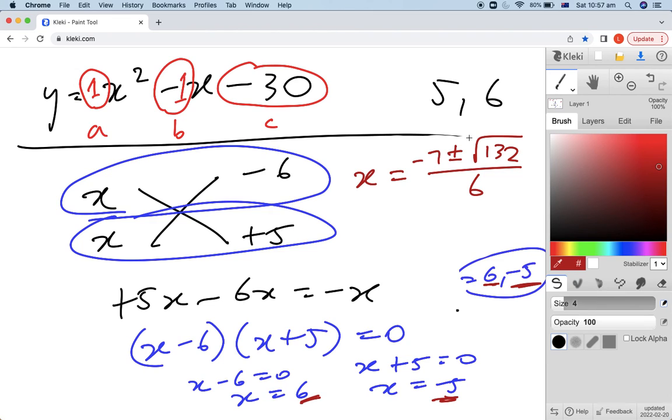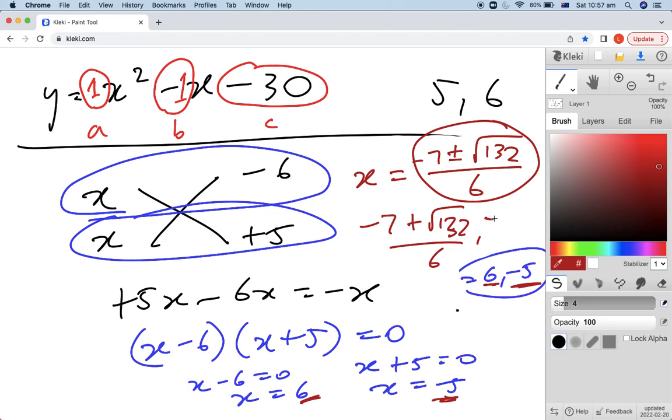I can plug it into my calculator right now and I'll get 11.48912529. So sometimes it's easiest to just leave your answer like that, and that would be a valid answer. It's just minus 7 plus root 132 on 6, comma, minus 7 minus root 132 on 6. And those would be your two answers.